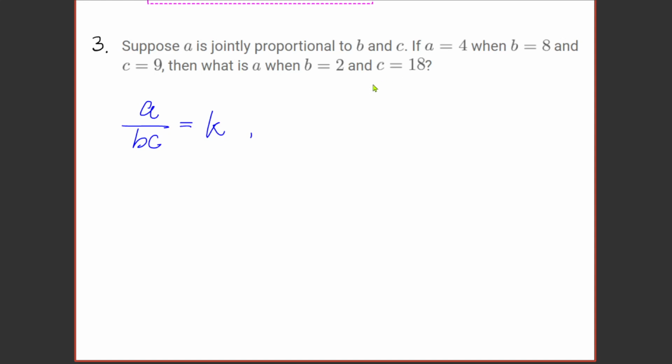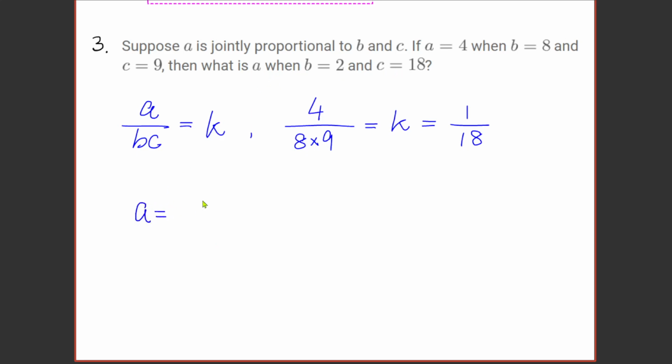And the question tells us that if A equals 4, when B equals 8 and C equals 9, that means we could calculate the value of K, right? Which equals 1 over 18. And therefore, we know when you know B and C, you could solve A, right?